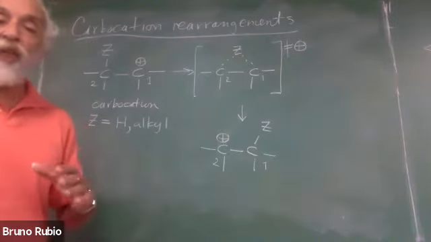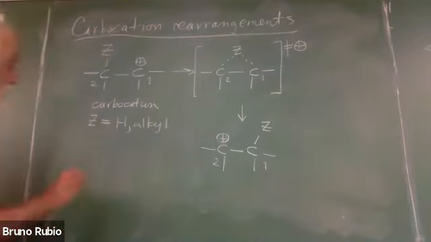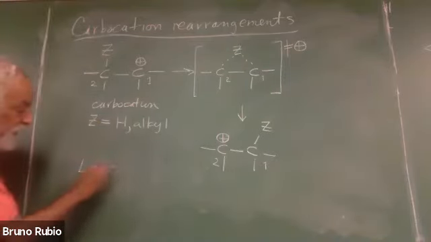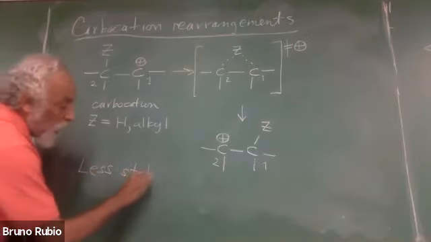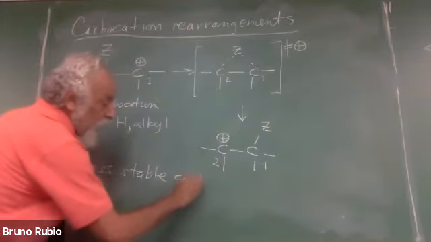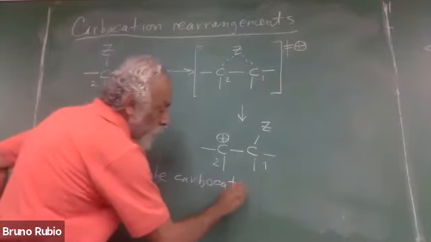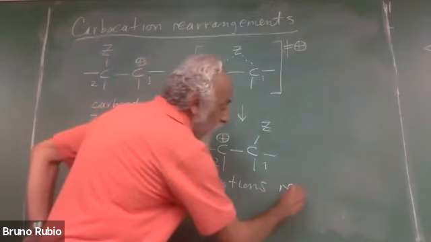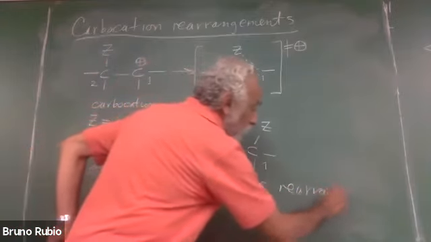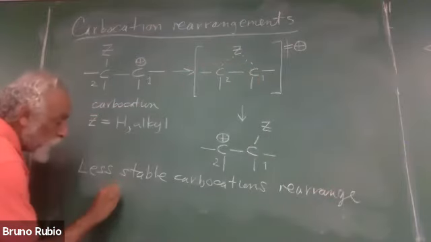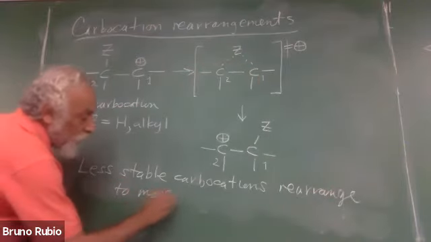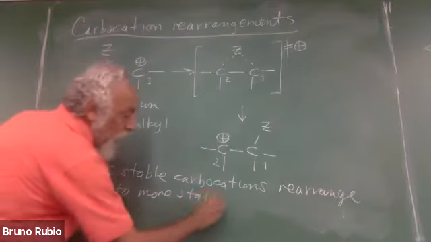That's where we can expect to see a carbocation rearrangement. So less stable carbocations rearrange to more stable carbocations.